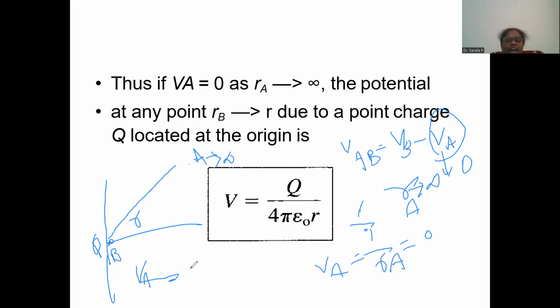So the potential is V equals Q by 4 pi epsilon naught R. This is the electric potential due to a point charge.